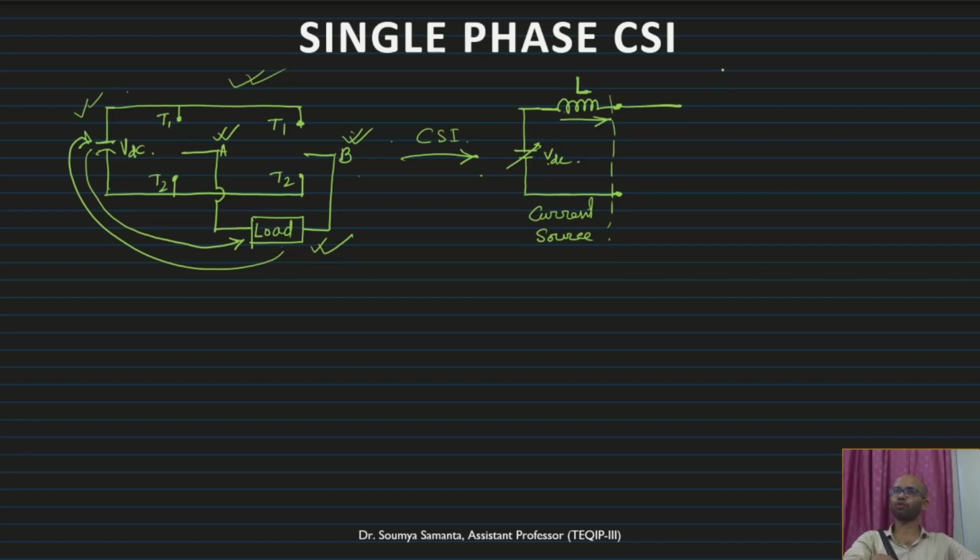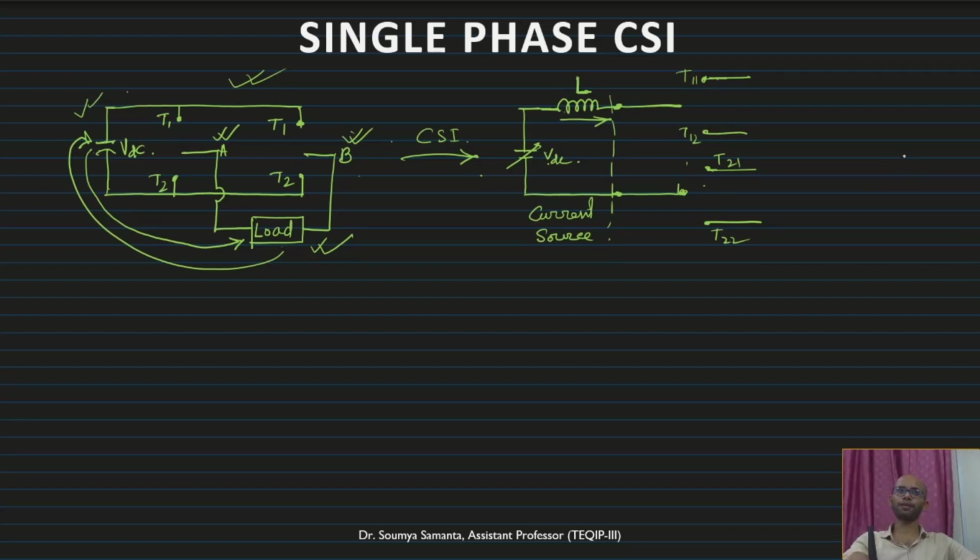Now there will be two throws. Let us draw it this way. This is one throw, this is another throw for switch 1. Similarly, there will be a connection here, with a throw here and another throw here. So T11, T12, T21, T22 are the throws.